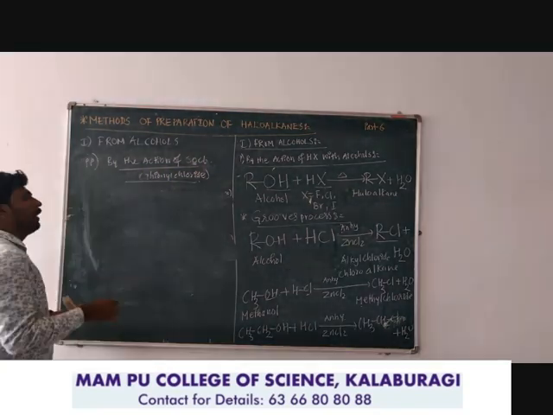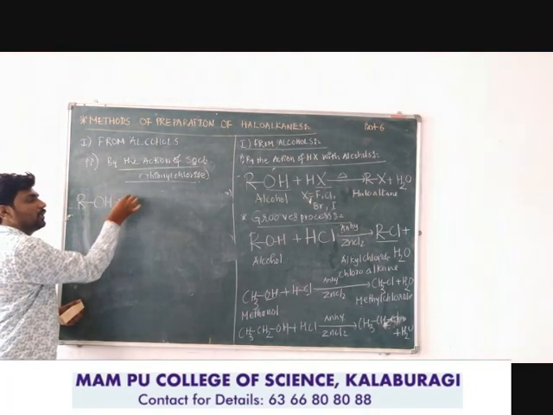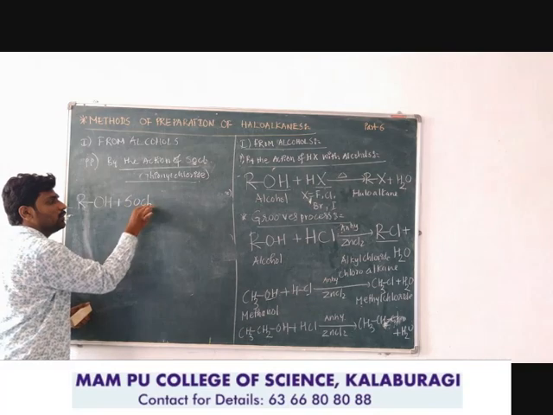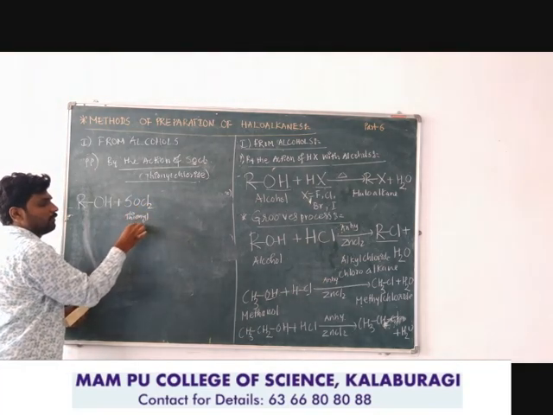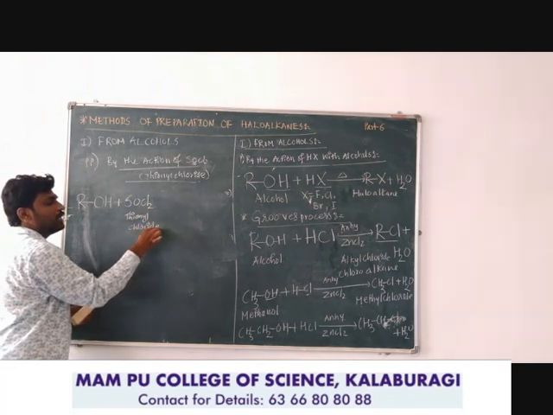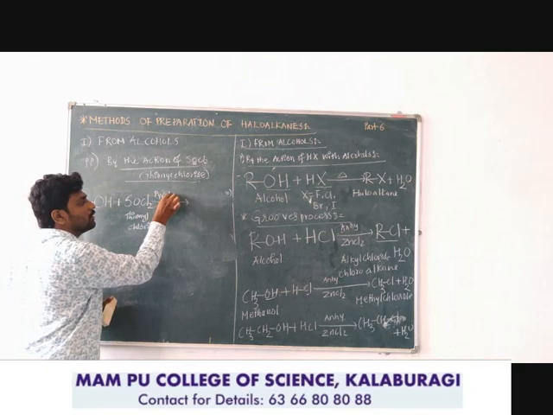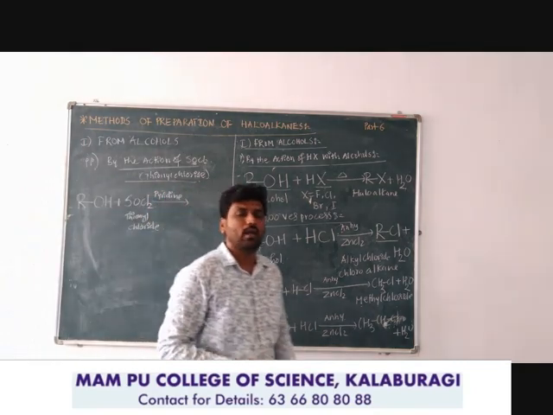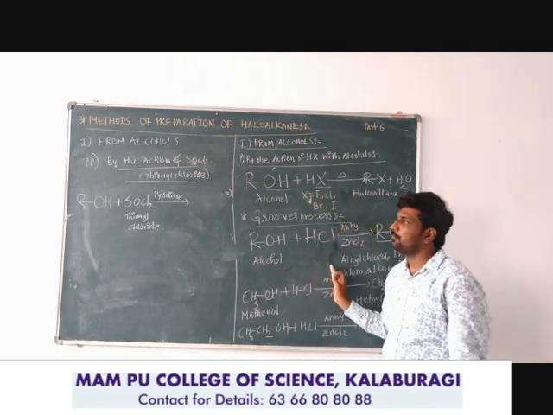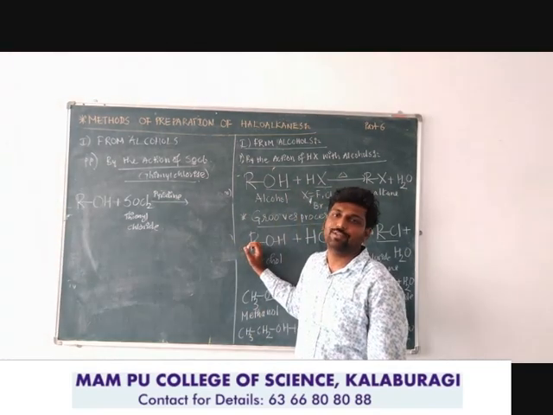When alcohol is heated with thionyl chloride, SOCl2, with a small quantity of a catalyst, that is pyridine. Look here, there we used anhydrous zinc chloride with HCl and alcohol, but with thionyl chloride the pyridine catalyst is required to increase the rate of reaction.